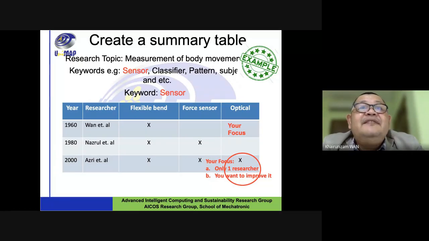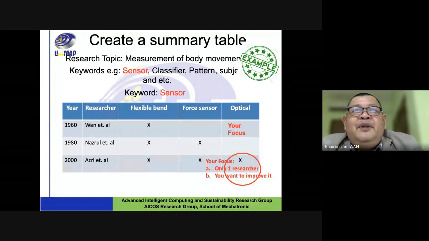What type of sensors do you want to use, for example. And then you are also thinking about the classifier, probably because you try to classify the body movement, so you want to use a classifier. For example, what kind of movement, and then you will use a classifier to identify it.